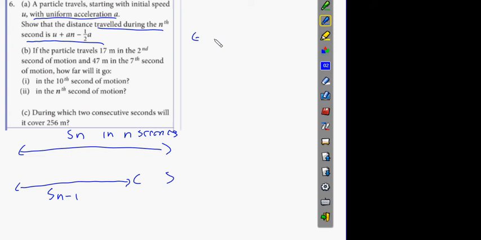It's the equivalent to if I said I travelled 100 meters in 5 seconds, and then on another question I got 80 meters in 4 seconds, then I can say, well, in the 4th to 5th second, or in the 5th second, I travelled 100 minus 80, which is 20.